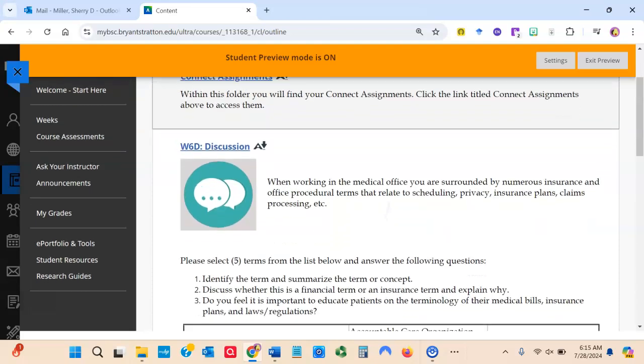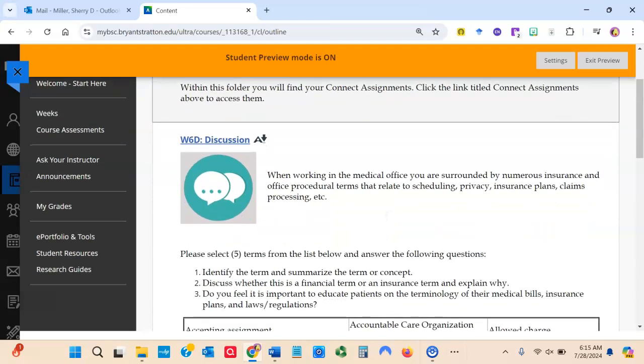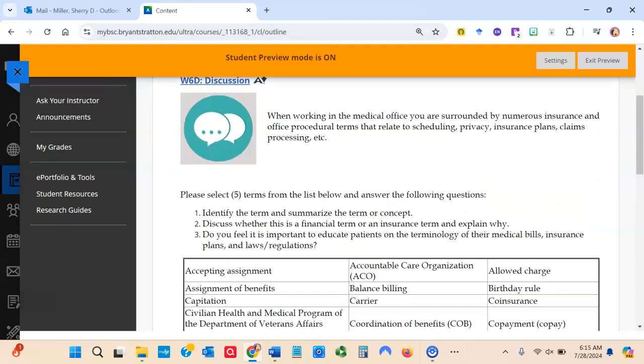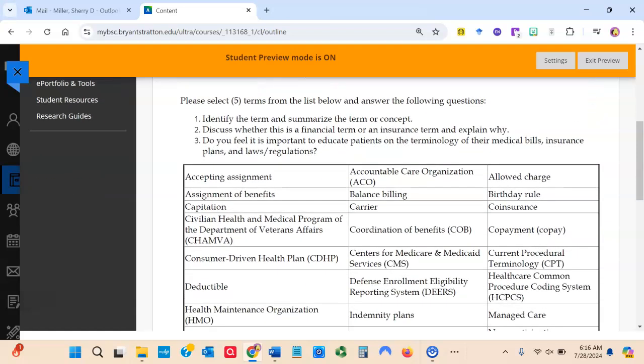Your next assignment is the week 6 discussion. When working in the medical office, you are surrounded by numerous insurance and office procedural terms that relate to scheduling, privacy, insurance plans, claims, processing, etc. We want you to select 5 terms from this list here and then answer the following questions.